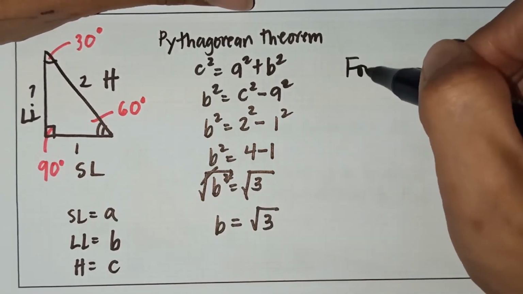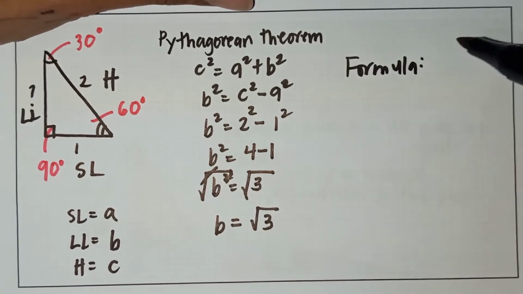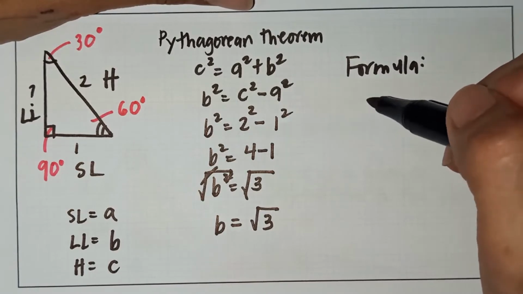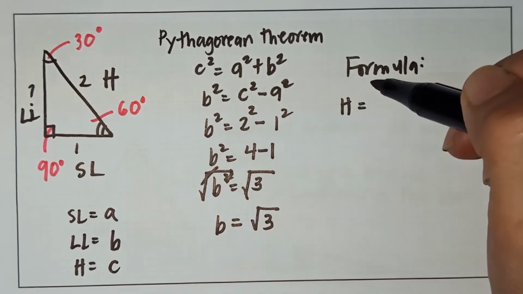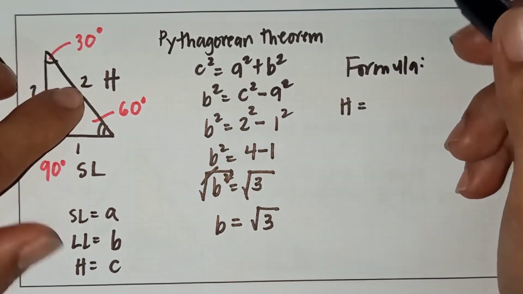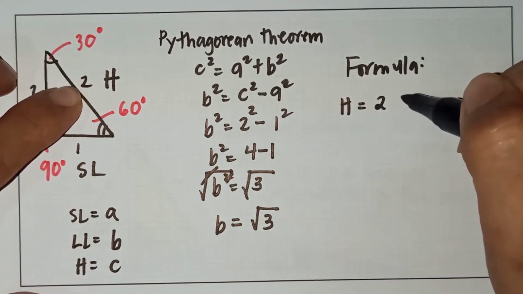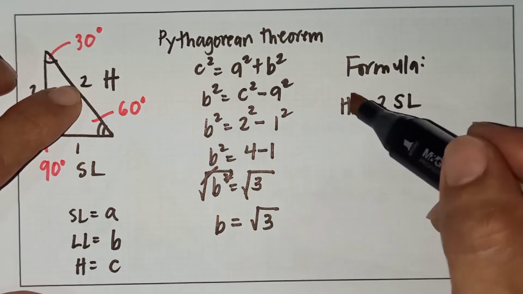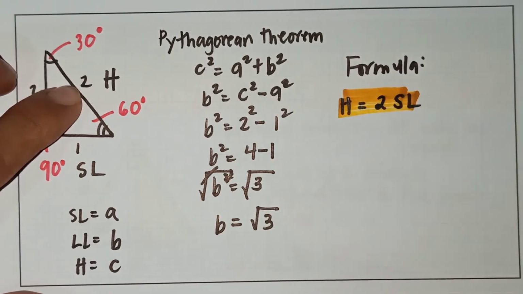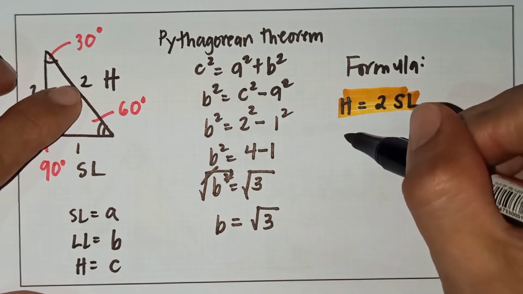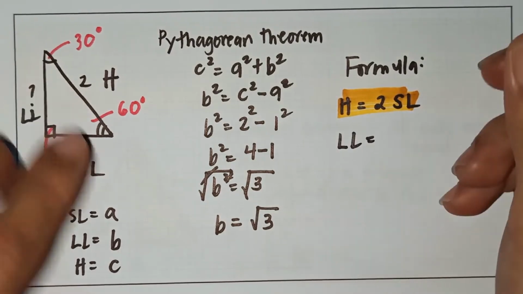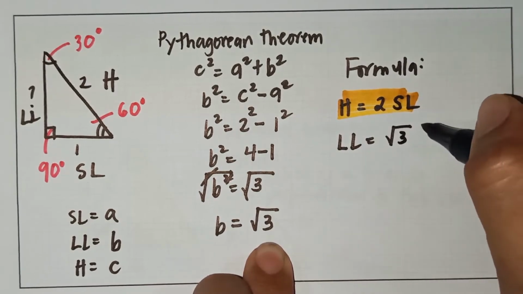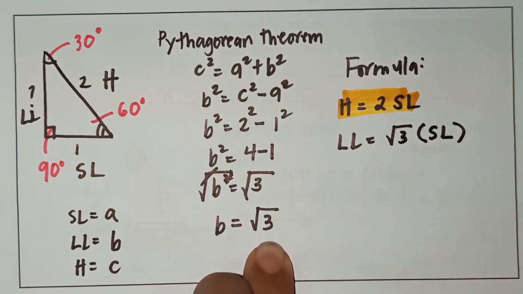So the formula now will be, to get the hypotenuse, the shorter leg is 1 and the hypotenuse is 2, double the shorter leg. So that is the formula in getting the hypotenuse. To get the longer leg, that is square root of 3 times the shorter leg.